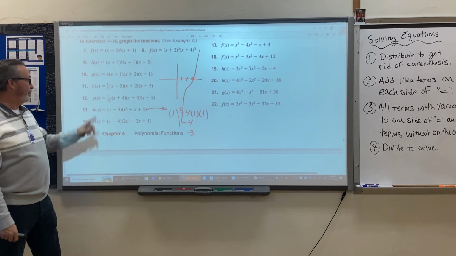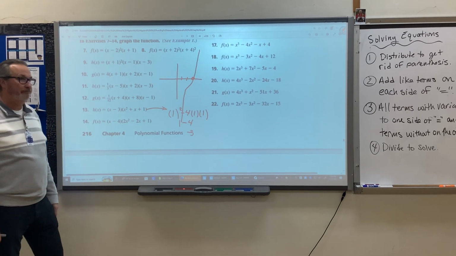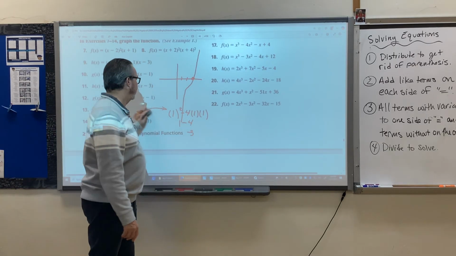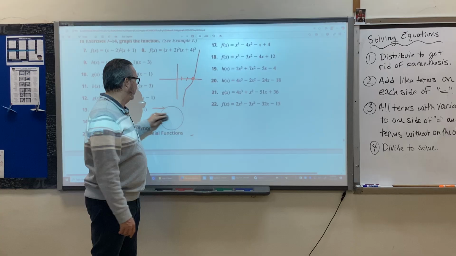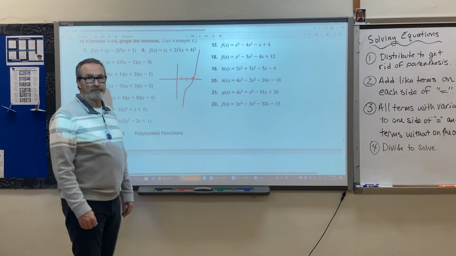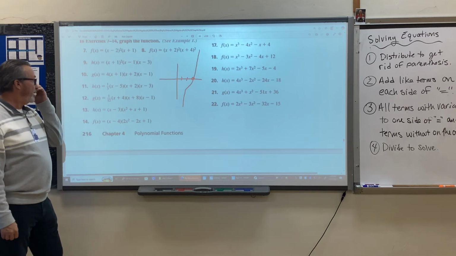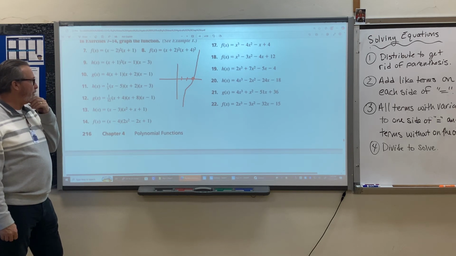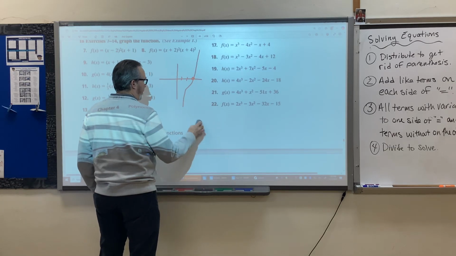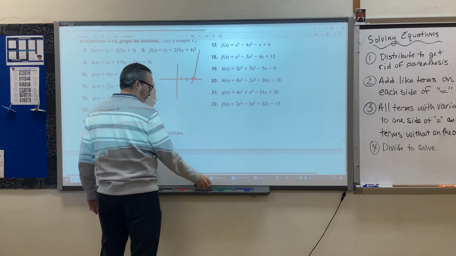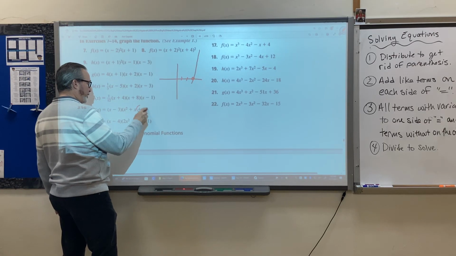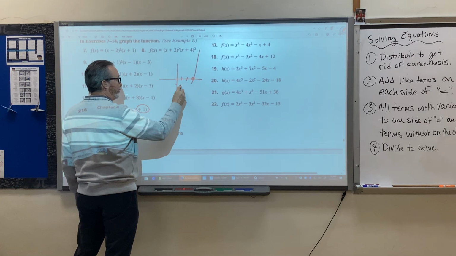As long as the right side goes up and the left side goes down. Oh, we can figure out where it crosses the y-axis. It crosses at negative 3. So if you multiply this times that, you get negative 3.